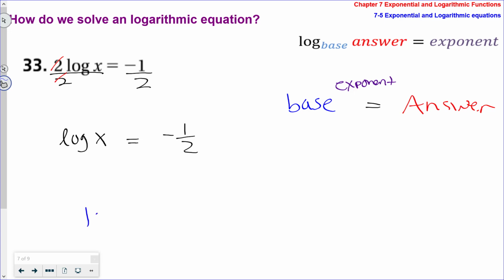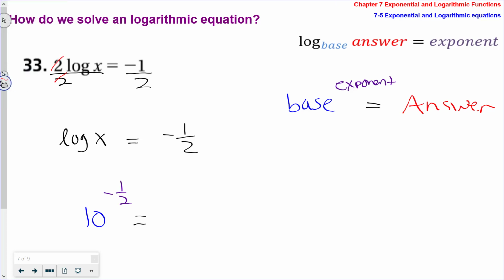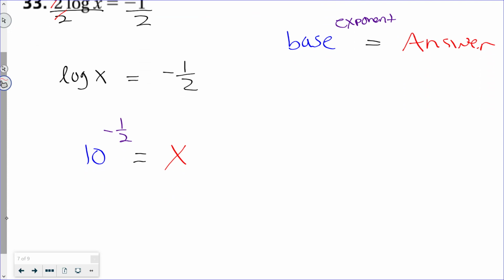And the exponent will be negative 1/2. So 10 raised to the negative 1/2. And the answer will be x. Everyone is clear on why the base is 10, right? When you don't see a base, the base is always 10. All right. We're done. There's nothing left to do here.